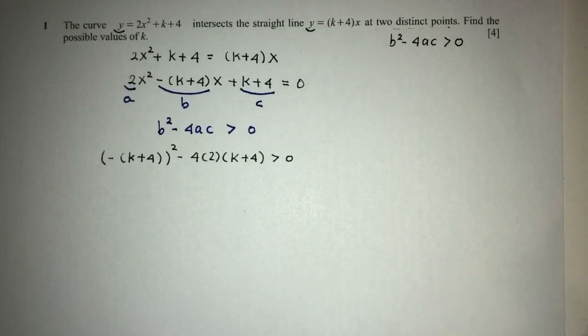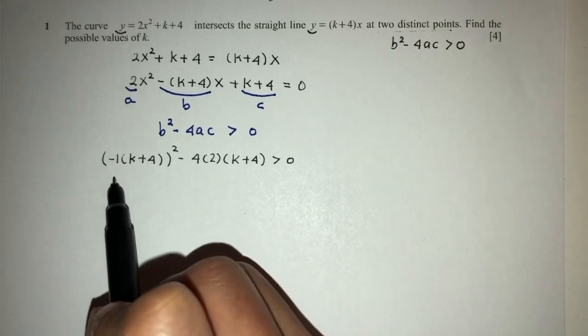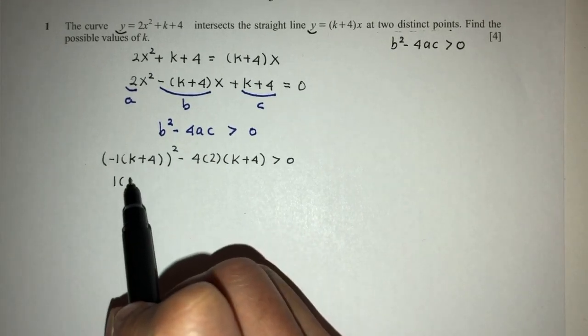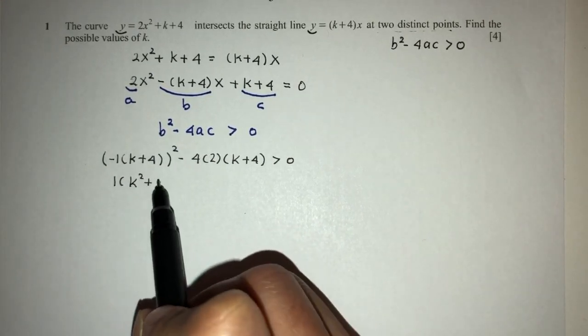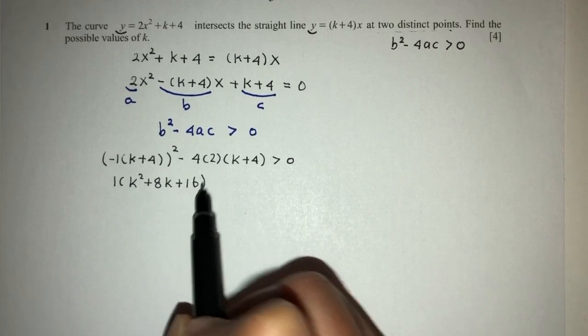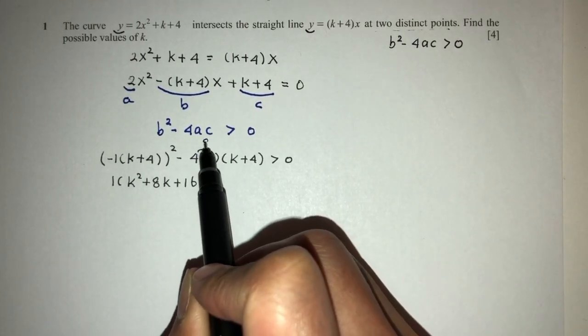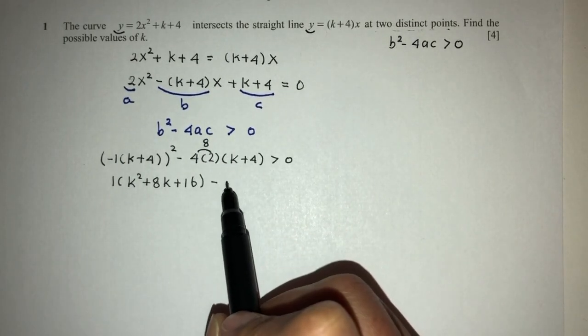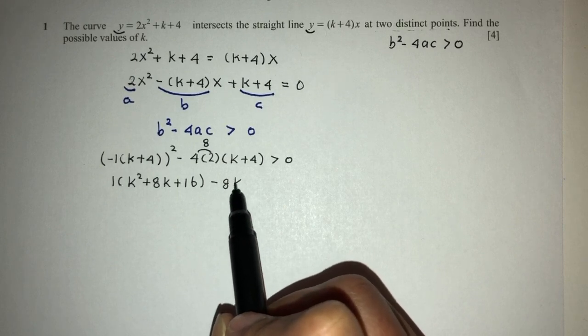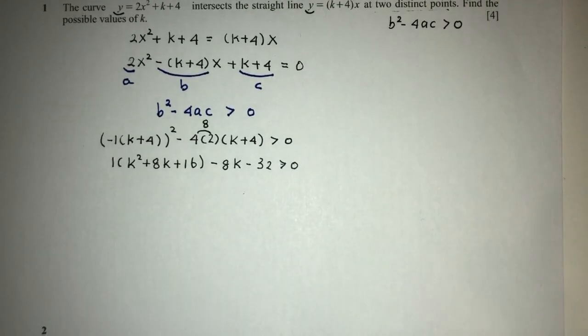So now we can simplify. Minus is actually minus 1. So minus 1 square will be 1. And this will become k squared plus 8k plus 16, minus, so this will be 4 times 2 is 8. So 8 times k will be 8k, and then minus 32, more than 0. So now we have to simplify.